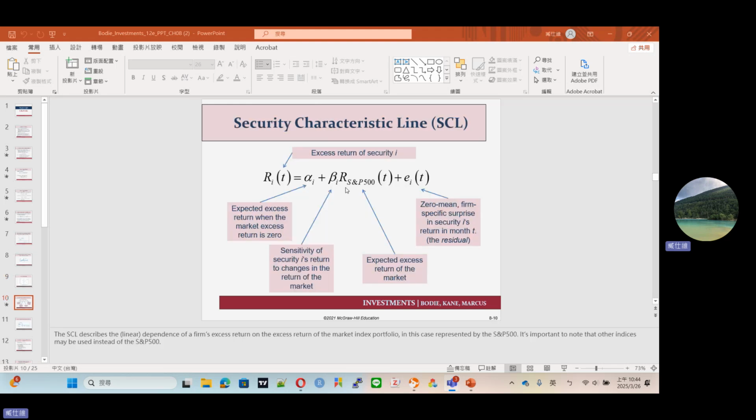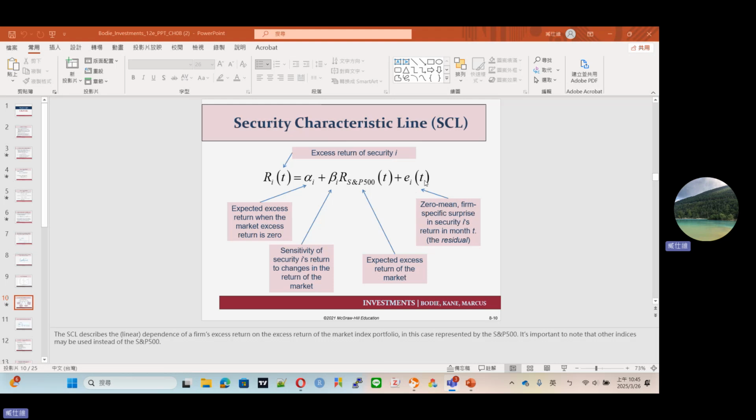Okay, so finally, in this example, we can derive the security characteristic line. We have the expected excess return, alpha I, and we also have a beta I. This is about the sensitivity of the security I return to changes in the market return.